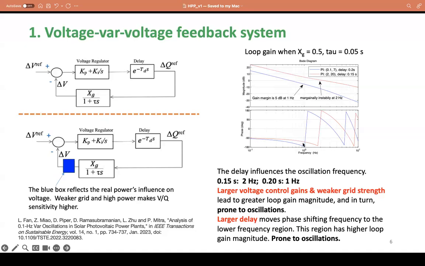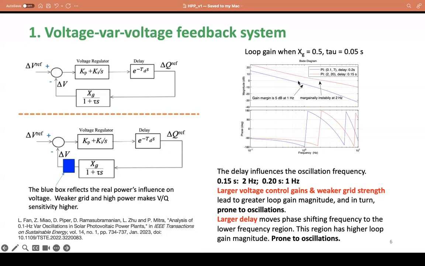What happens is that you can see the phase shifts from -180 to positive 180 at 1 Hertz, and the other one shifts at 2 Hertz. So it can easily be seen that the delay can influence the shifting frequency, and the shifting frequency in turn determines the oscillation.